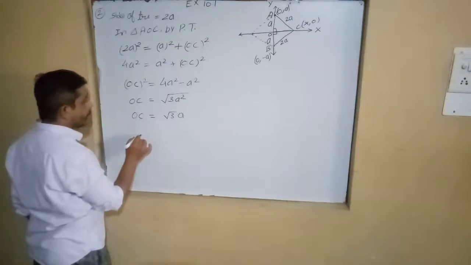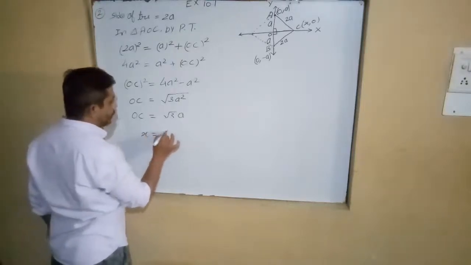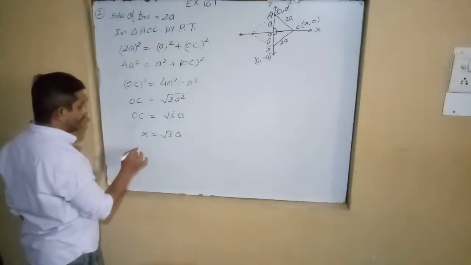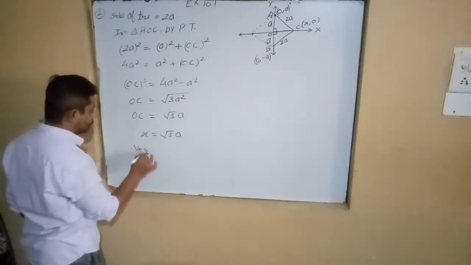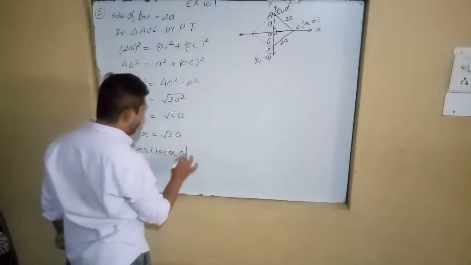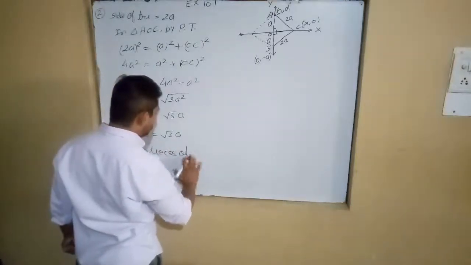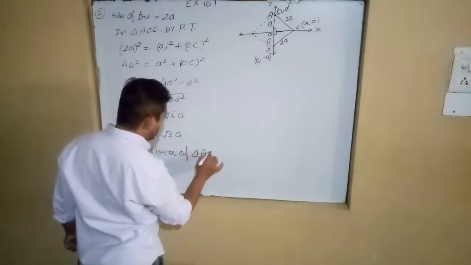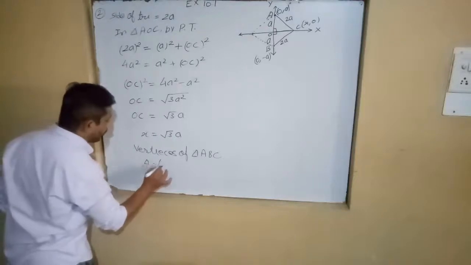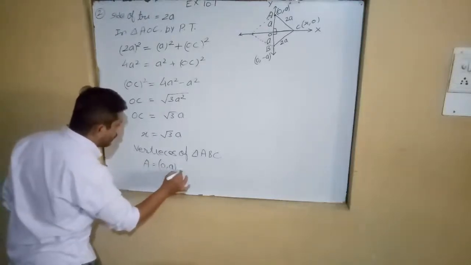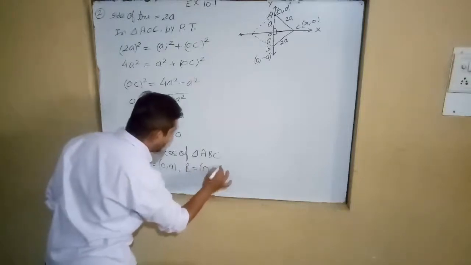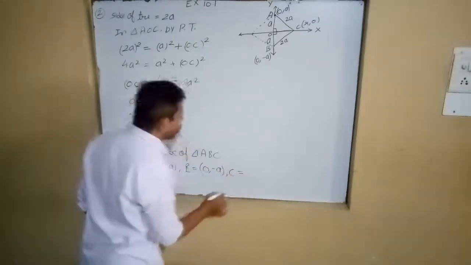Therefore x is equal to root 3 a. Now the vertices of triangle ABC are: A is equal to 0 comma a, B is equal to 0 comma minus a, and C is equal to, we let what?